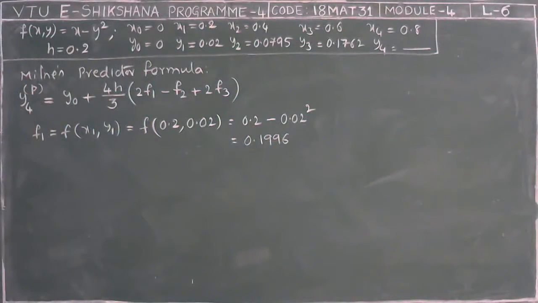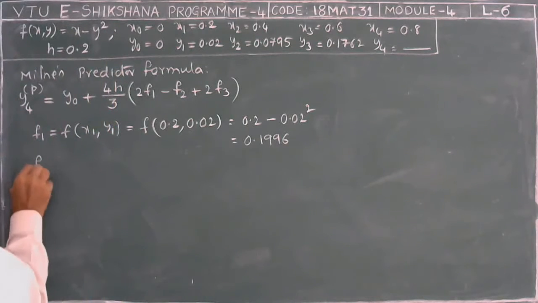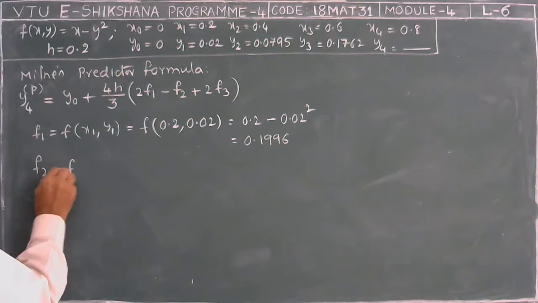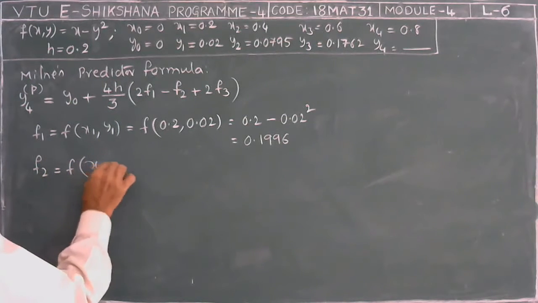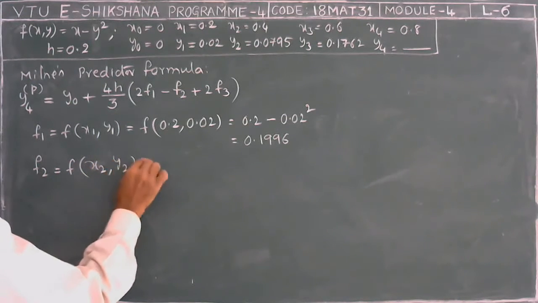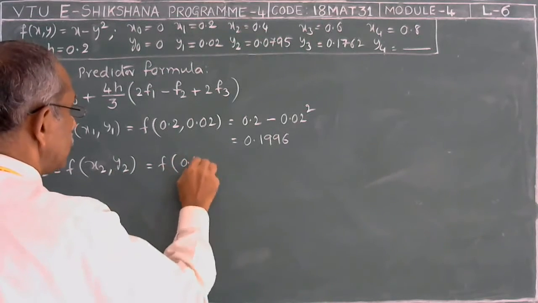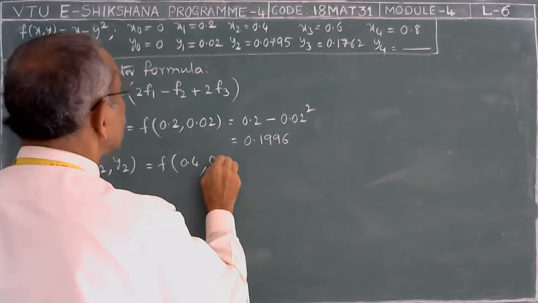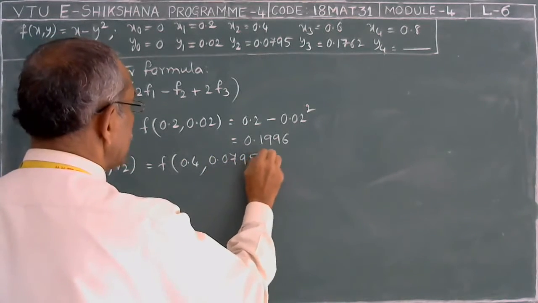That means f1 is 0.1996. Similarly, f2 is f of x2 comma y2, that is 0.4 comma 0.0795.